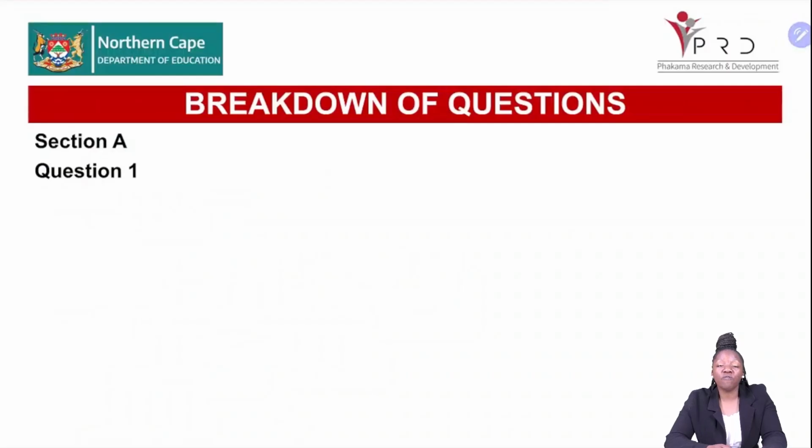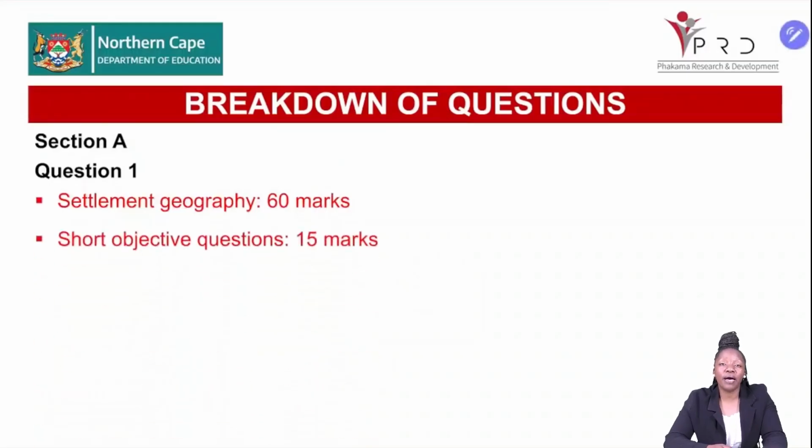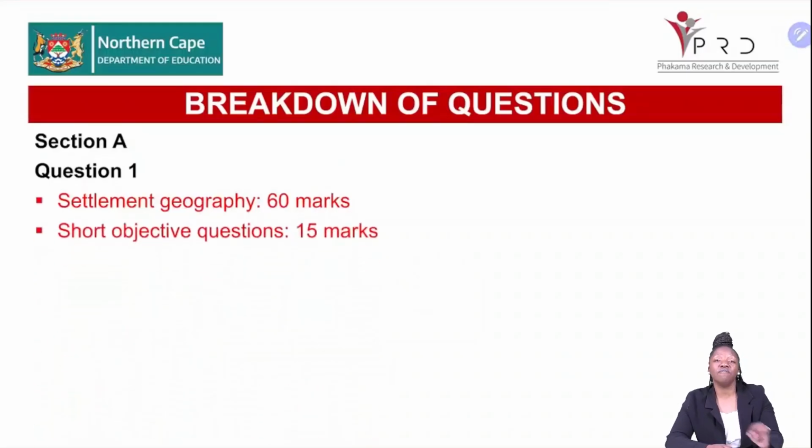Then again, to further break down the questions, as we have emphasized, in your question 1 you should expect questions based on your rural and your urban settlement. Again, you will have your question 1, figure 1.1 as well as figure 1.2, whereby you will have your short objective questions.